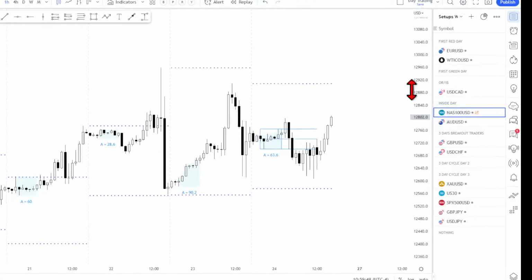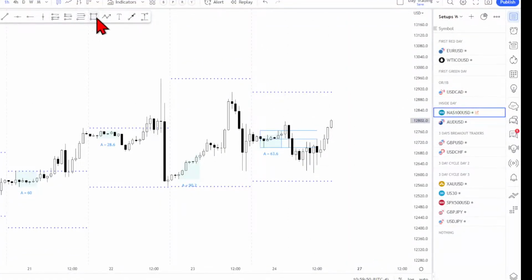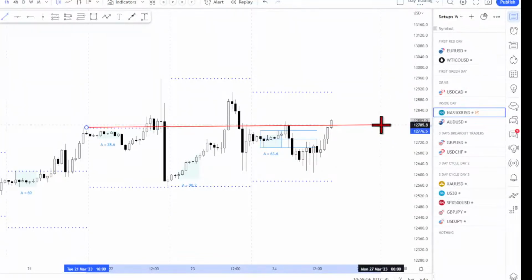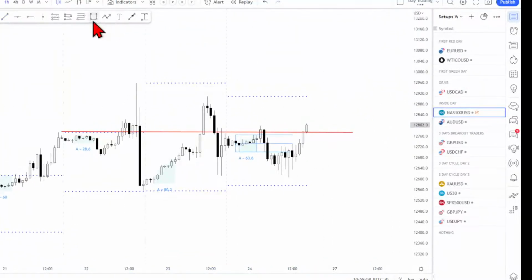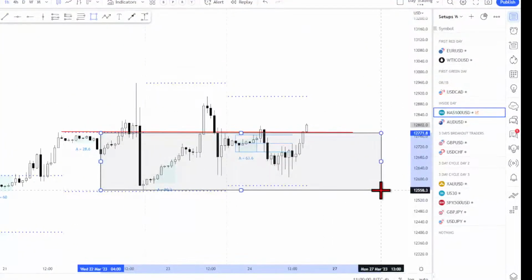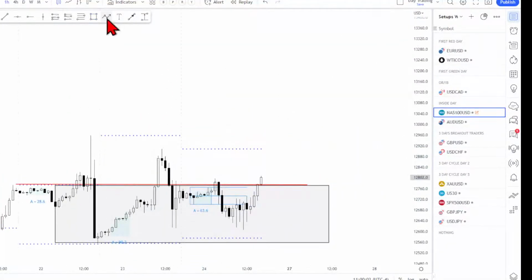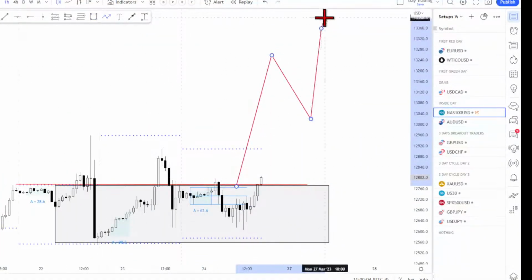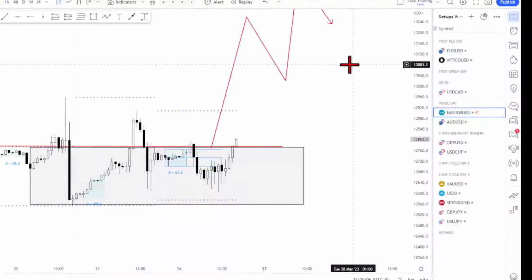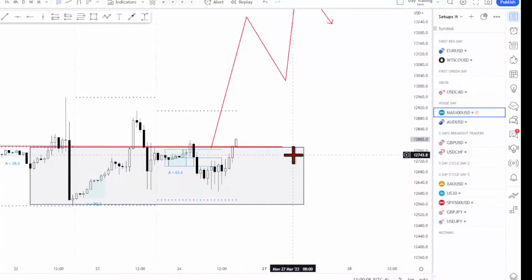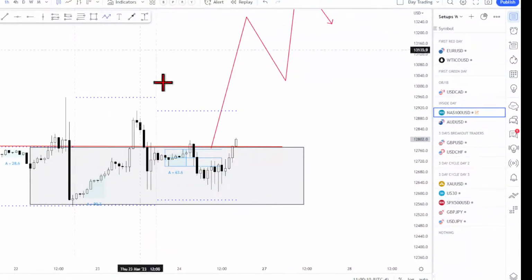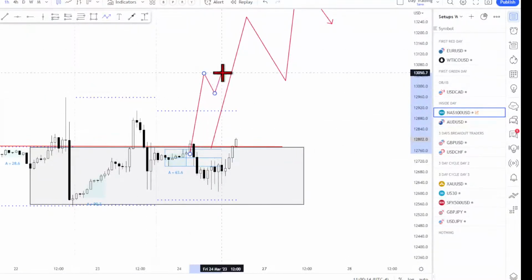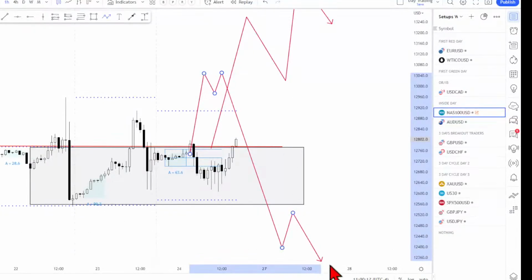So now we have a double inside day. I'll just frame out what could happen. This might turn into trap volume for the market to continue going higher. One option. Or this could be the framework for a massive false break of this, right? And it goes back down.